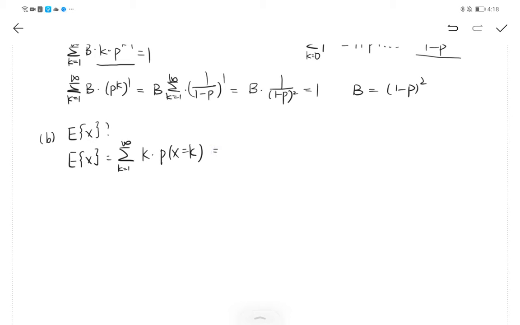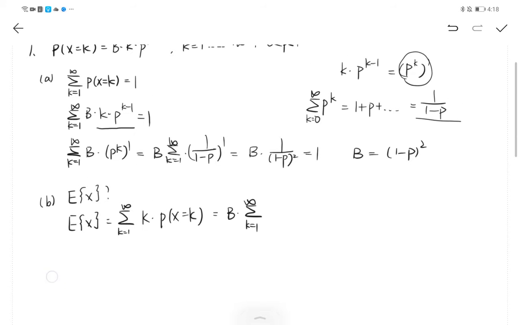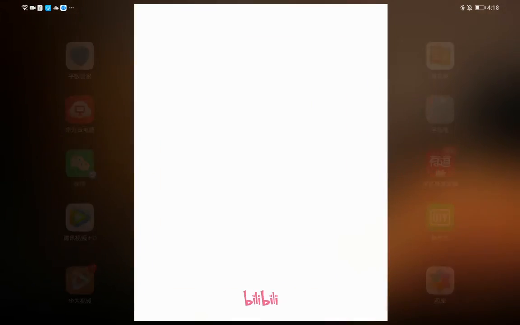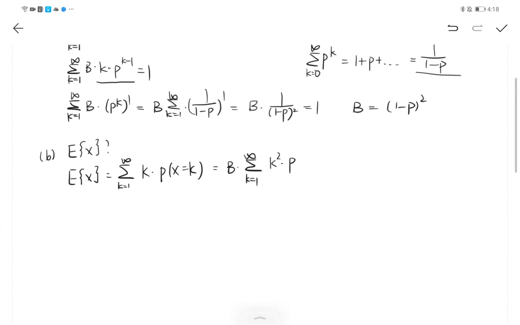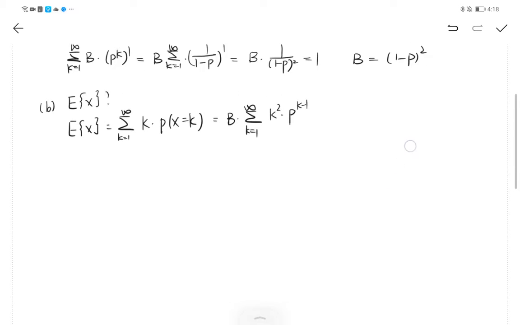So it equals b multiply the sum of k to the power 2 multiply p to the power k minus 1.